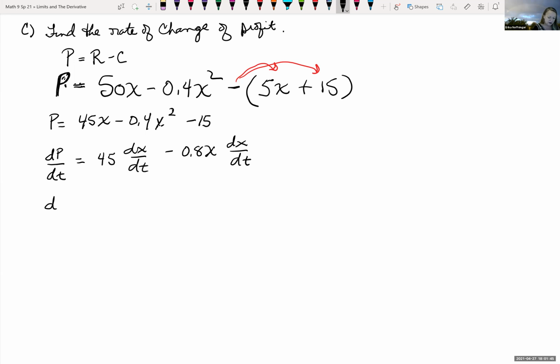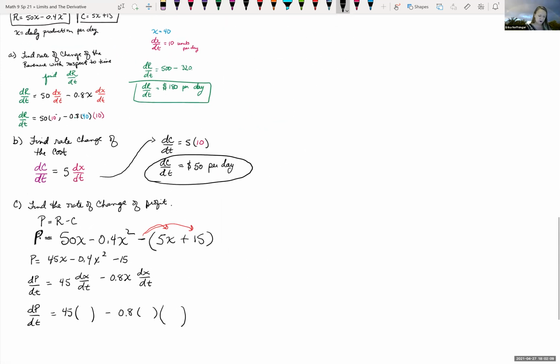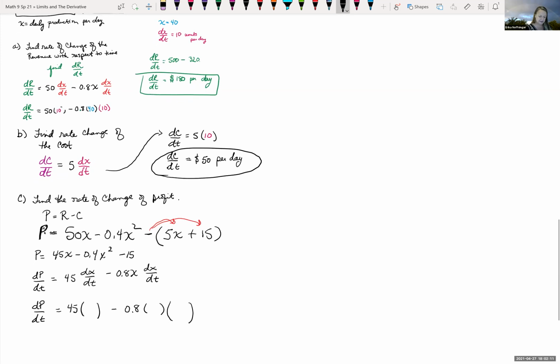So we're going to plug in what we know. So we have 45 times dx/dt, minus 0.8 times whatever x was times whatever dx/dt is. Okay, so x was 40, dx/dt was 10.